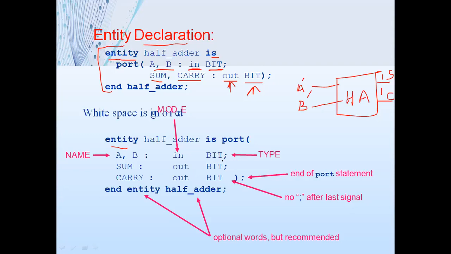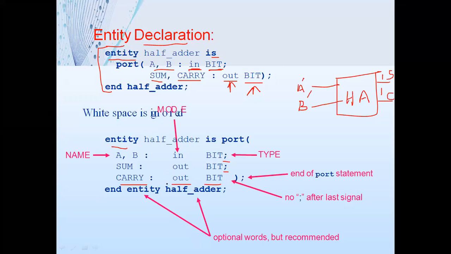Even the sum also has a semicolon. But now observe the last signal, carry, which is declared with the mode of the signal and the type of the signal. Here the semicolon is after the bracket. So this is the syntax for the entity.